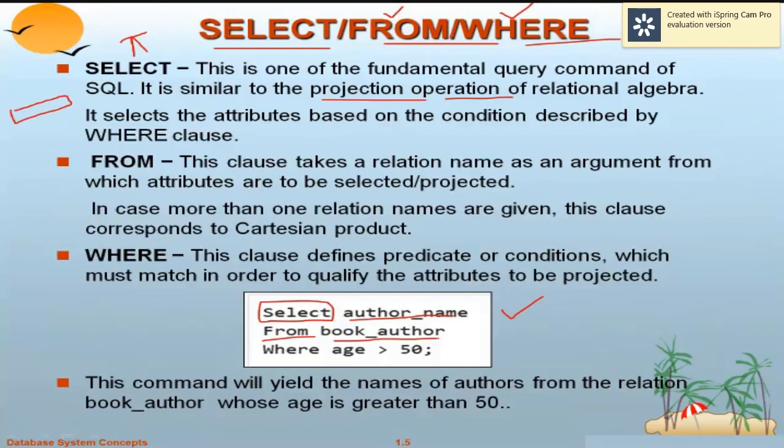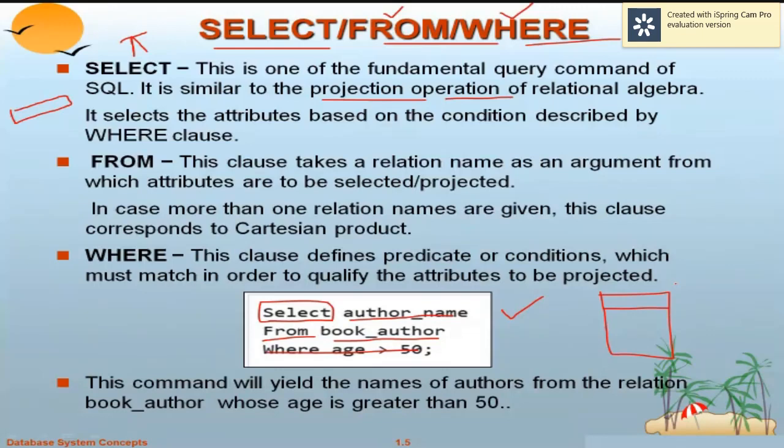If I write just select and from, don't imagine the where condition right now. You assume that where is not written, and only the select and from parts of the query are written. I just mentioned select author name from the table called book author. In that case, my output will fetch me all the names of the authors from the table called book author.